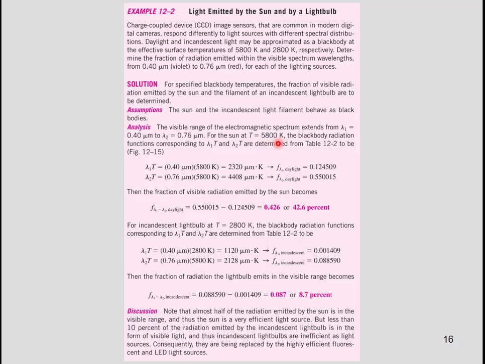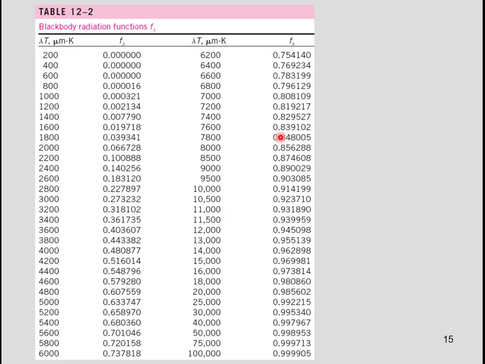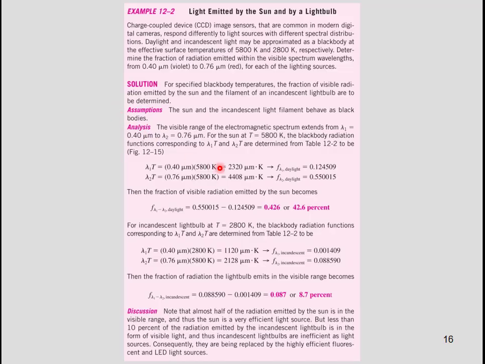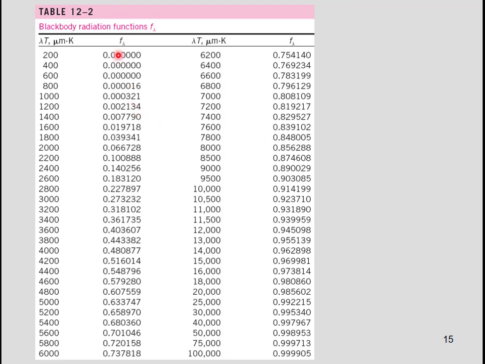So first we should calculate this function. If we calculate this function for the different lambda times the given temperature, which is 5800, then we can have this F lambda or black body radiation function.